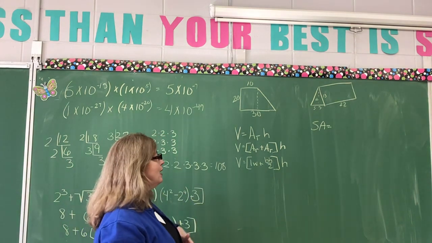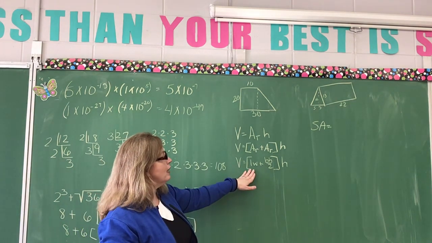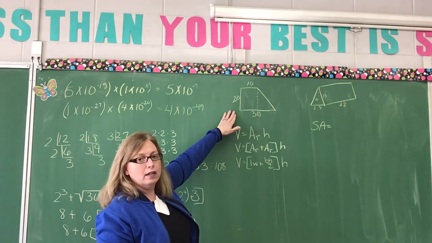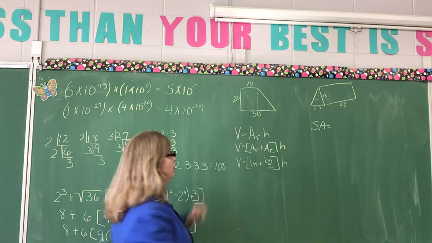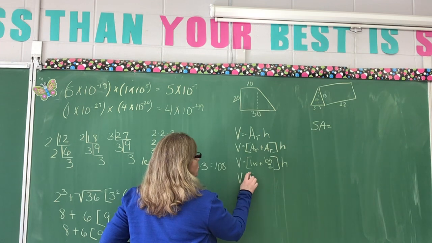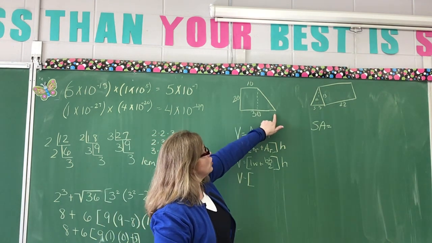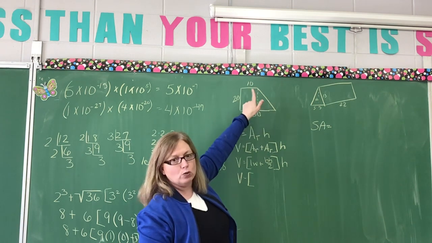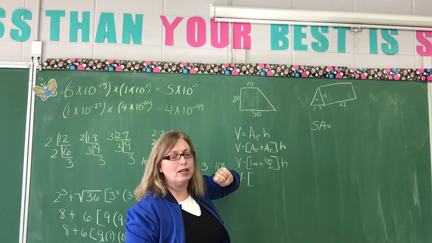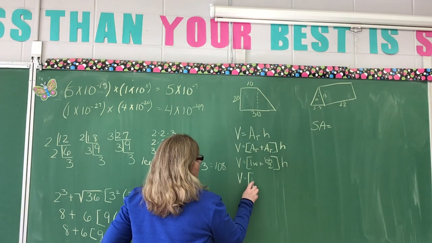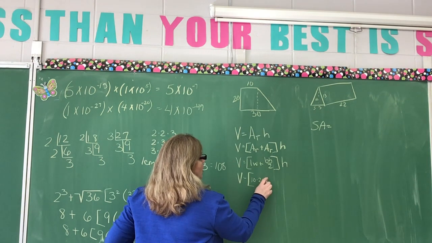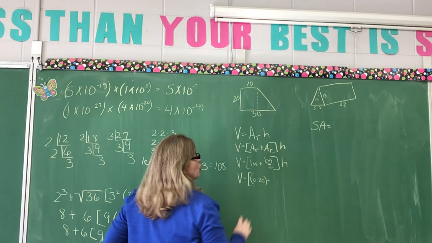Okay? Now, what is the length and the width of my rectangle? Well, as I said, area equals length times width. This whole thing is 30, but the top of it's only 10. So my rectangle is 10 by 20. Okay? Then I have my triangle.